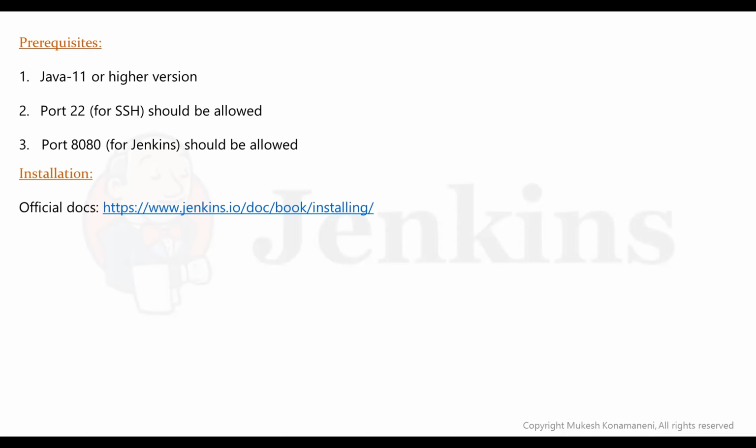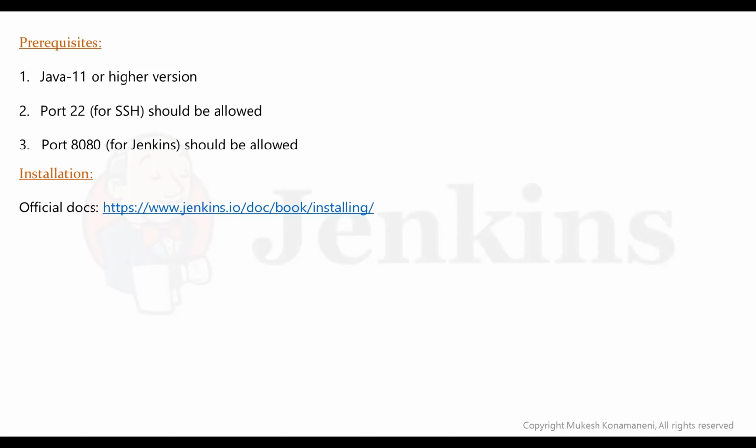And final, third one is we need to allow port 8080 in security group. It is the default port of Jenkins. We need to allow this port so that we can access Jenkins dashboard on the browser. So these are all the prerequisites for installing Jenkins for the basic users.